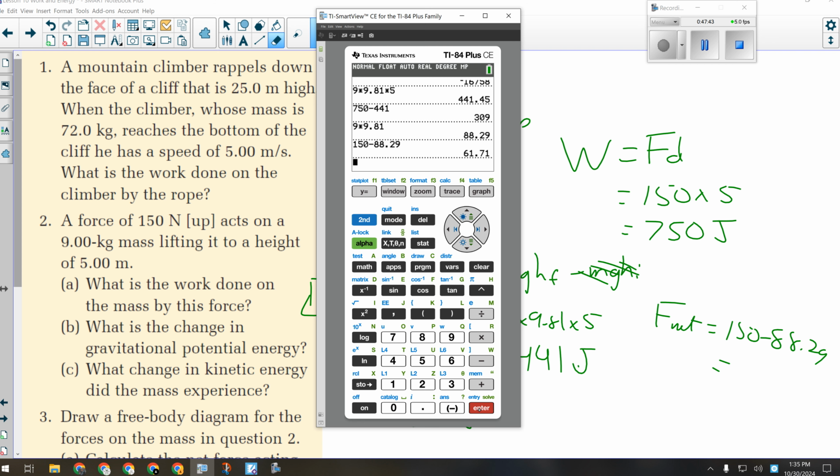Okay, if there's a net force, there's going to be a change in kinetic energy because net forces cause objects to accelerate. So that's what this question is trying to illustrate. I don't need a net force to change something's potential energy. I can just lift it at a constant velocity. That's still going to be work.